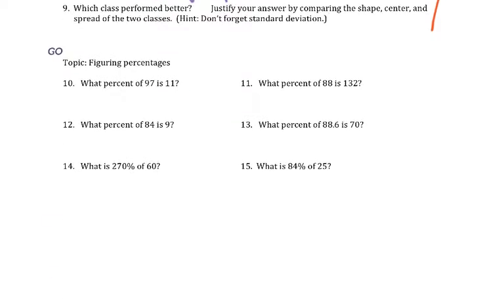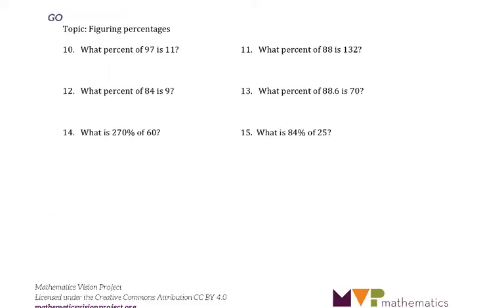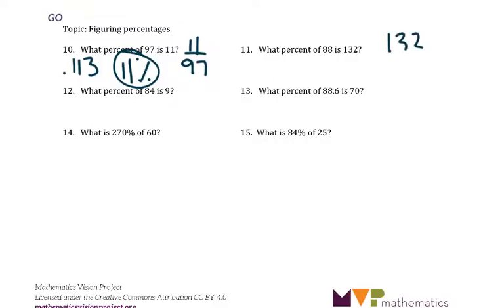Okay, percentages, this is kind of review stuff. What percent of 97 is 11? I'd go 11 divided by 97. I take my calculator, 11 divided by 97, find the decimal, 0.113, so it would be 11%. What percent of 88 is 132? That'd be 132 over 88. We divide that one.